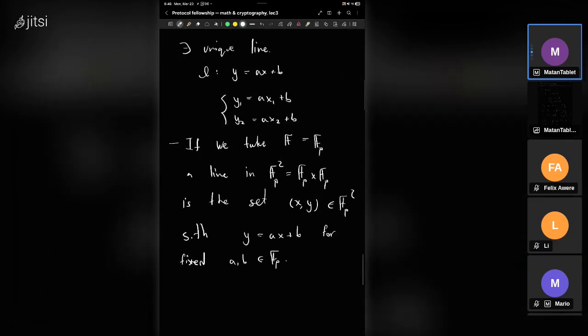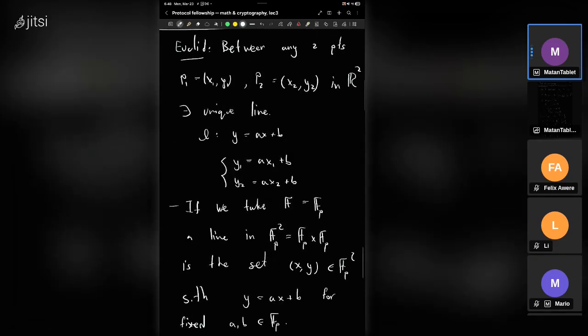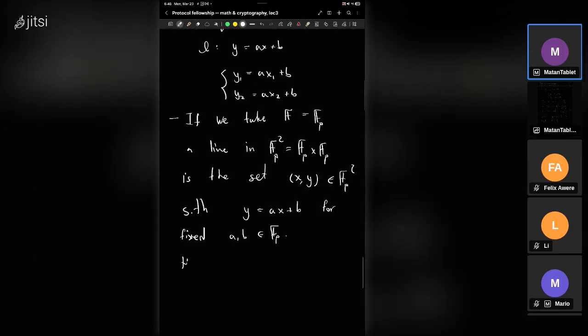So this is a line over Fp, and the same insight of Euclid will be true for the line over Fp, because here as well, between any two points P1 and P2 in Fp square, there exists one line.